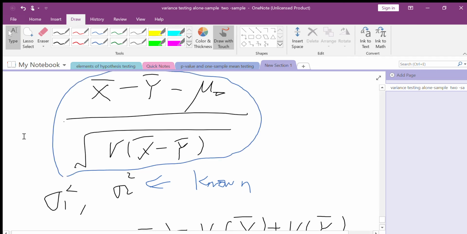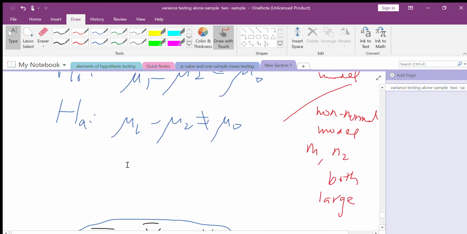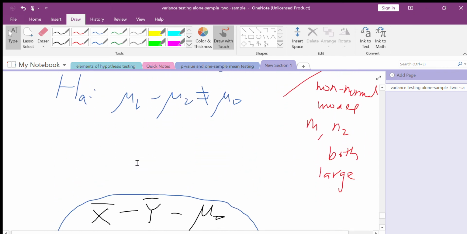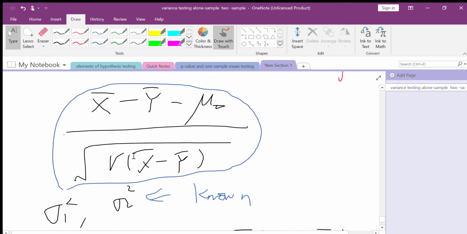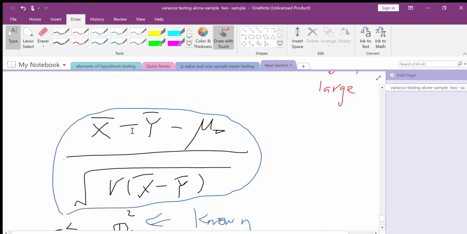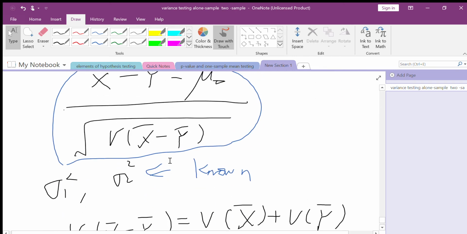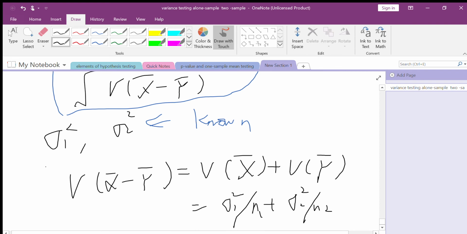If sigma1 squared and sigma2 squared are known, let's plug in.